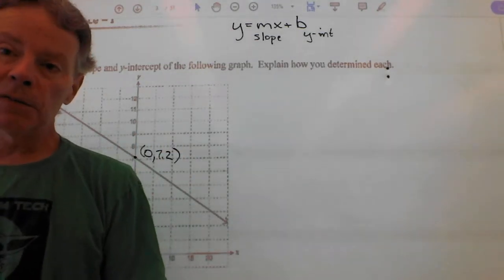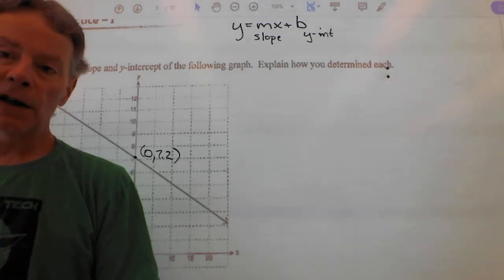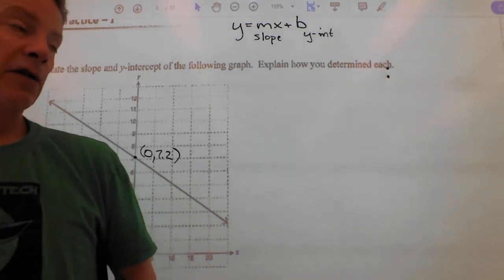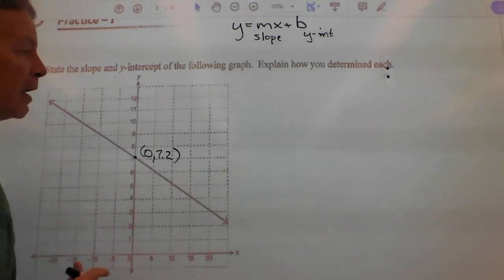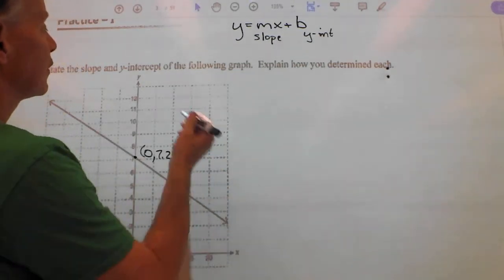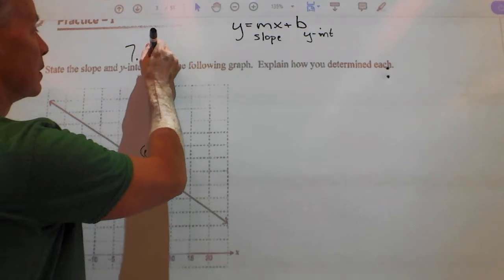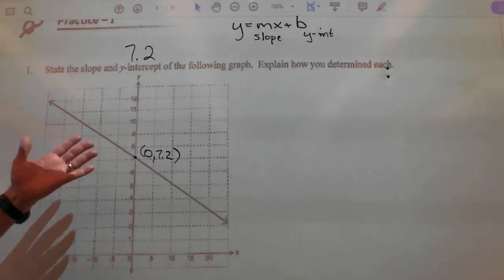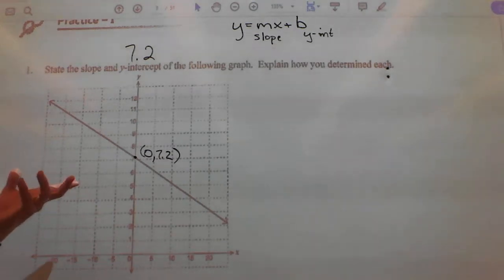Again, in a question like this, I would allow a little bit of a range for the answers because it's kind of hard to tell from this. But we'll say the y-intercept is 7.2, okay?